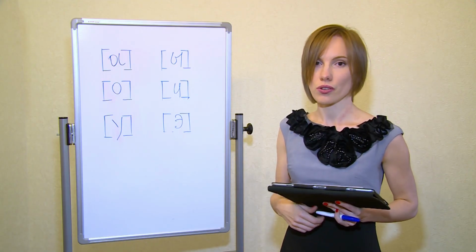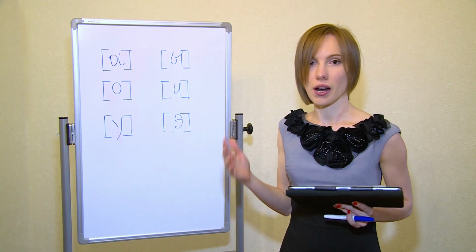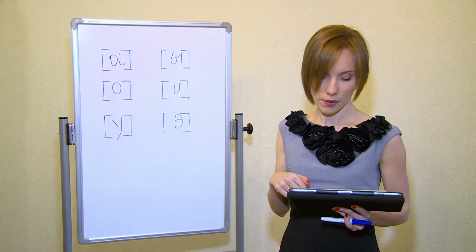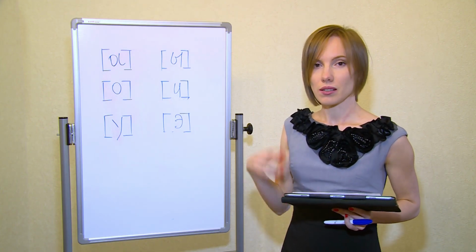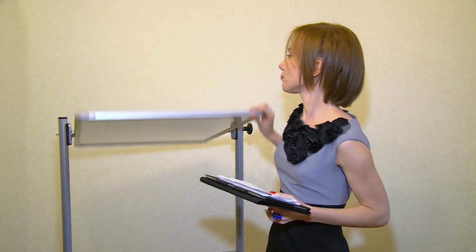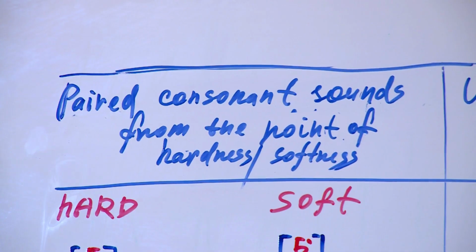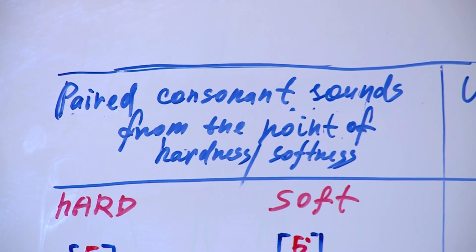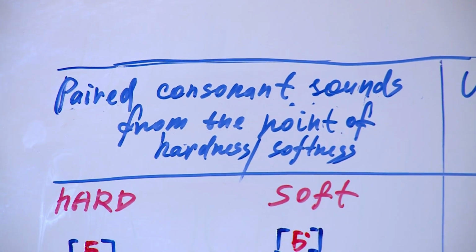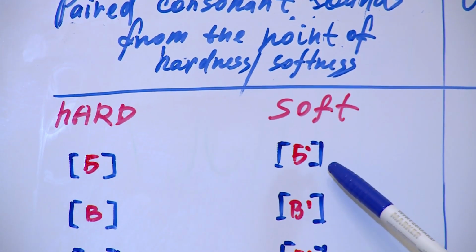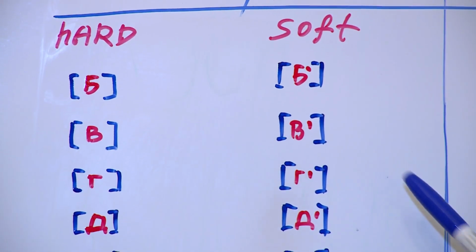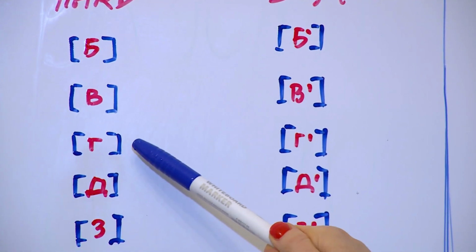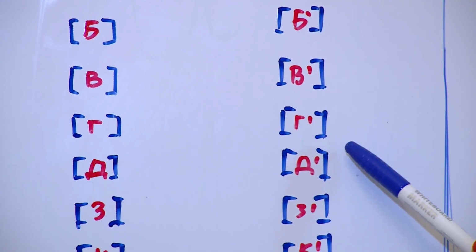Next, we have consonant letters. Consonant sounds are divided into hard and soft sounds, voiced and voiceless sounds. Next, look at examples. Paired consonant sounds from the point of hardness and softness: B, hard, B, soft. V, hard, V, soft. G, hard, G, soft.